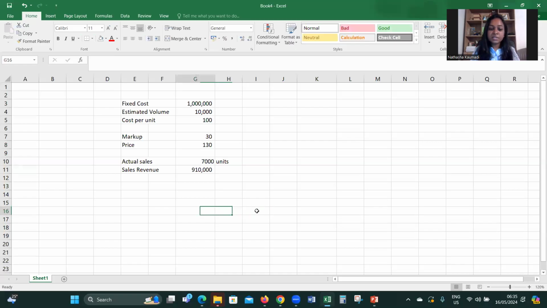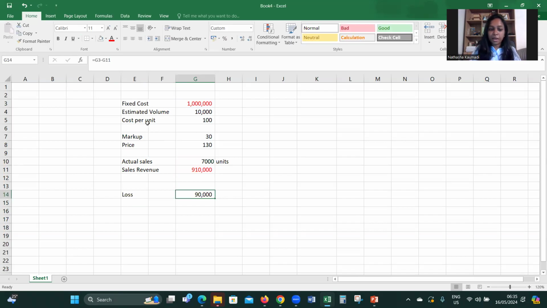Your sales revenue at the actual sales of 7,000 units is 910,000, whereas you have a fixed cost of 1 million rupees. Here you have a loss, right? Your cost is greater than your revenue. 1 million minus 910,000, you have a 90,000 rupees loss.